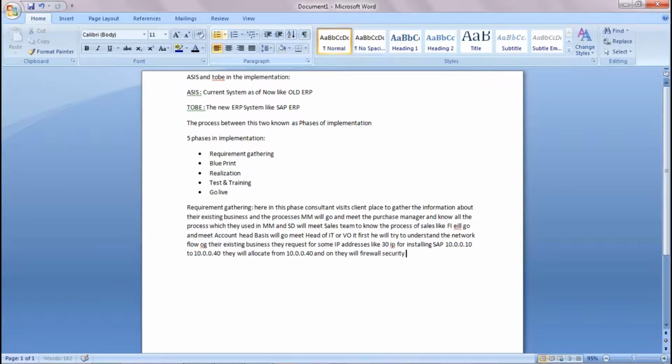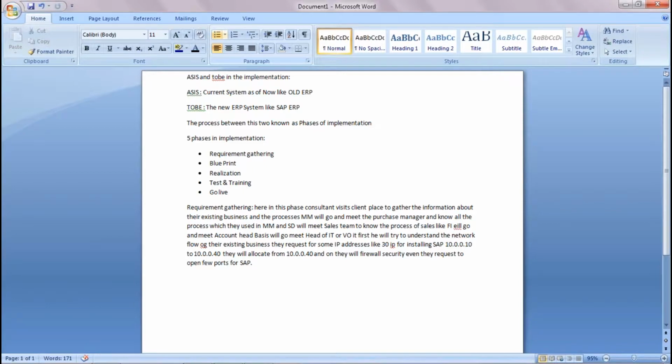And they will check firewall security, even the request to open a few ports for SAP. This is a brief discussion between the network team and the basis team. Then they come to a mutual understanding and agree on that.